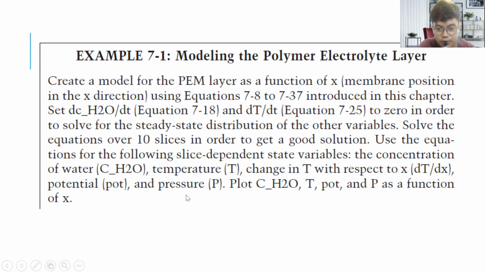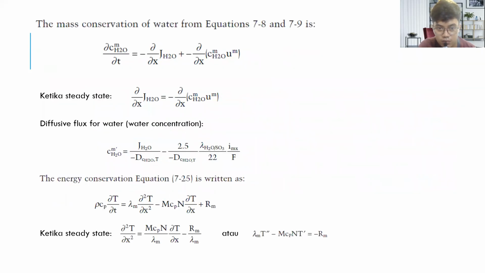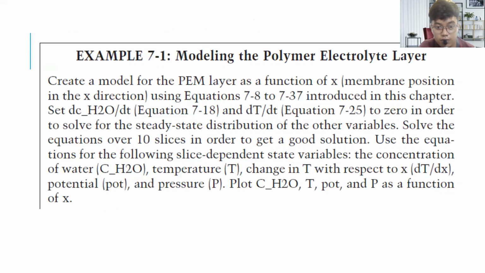We have to plot the concentration of water, temperature, the potential, and the pressure as the function of X direction. Okay, what we must know is the equation to solve the four questions in this chapter.